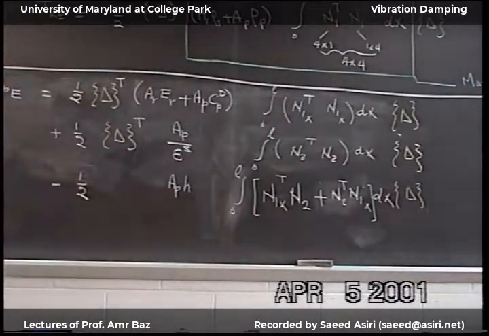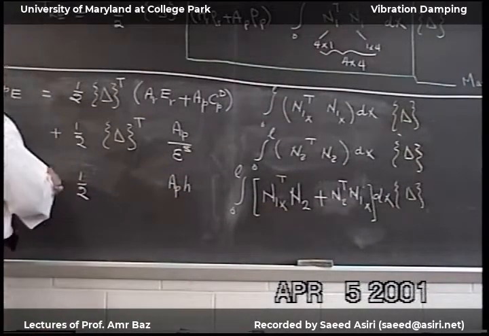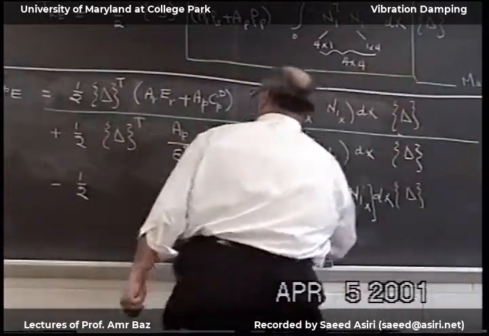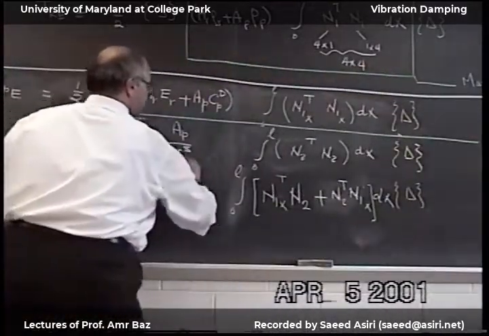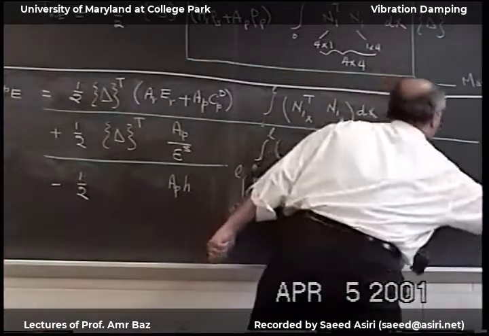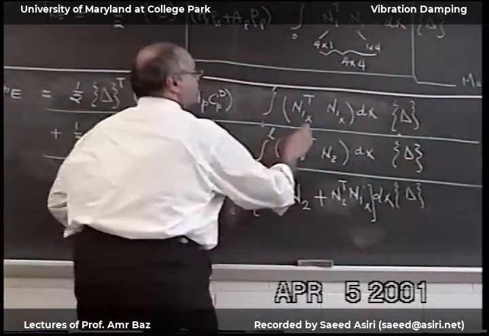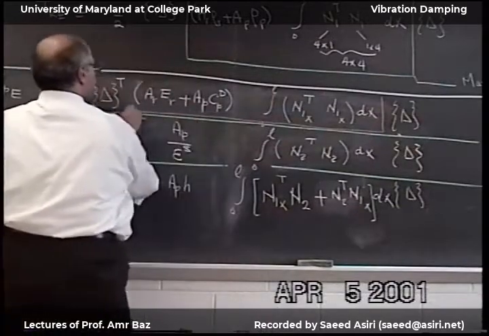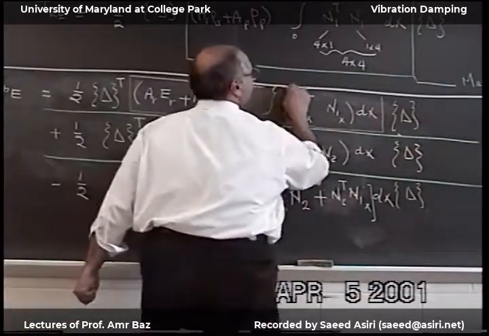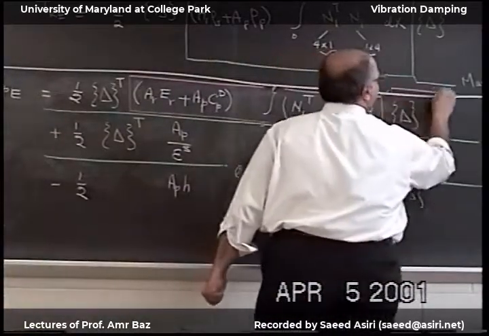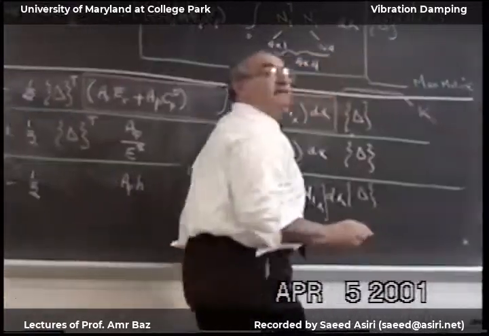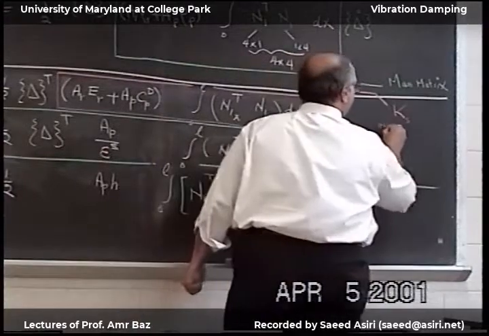Okay, so now if we look at what we have, this matrix is our mechanical stiffness matrix, and I'll call it K S. This is mechanical stiffness.